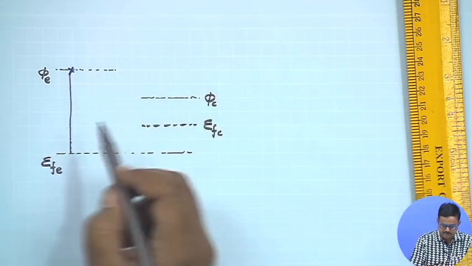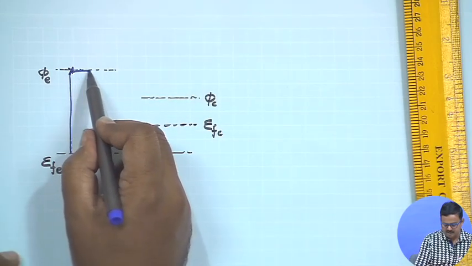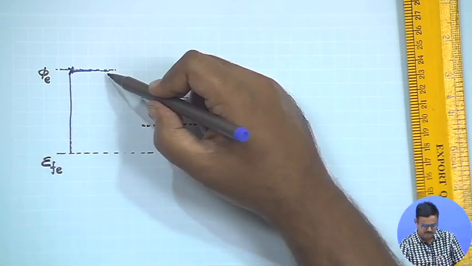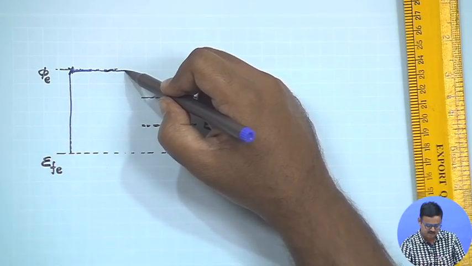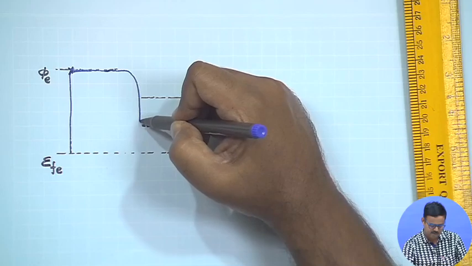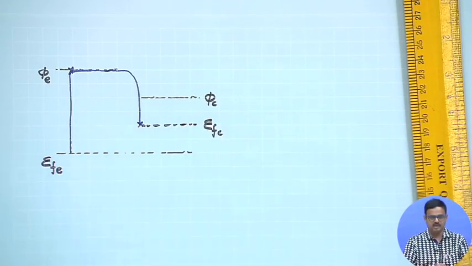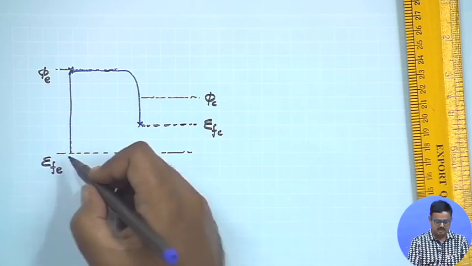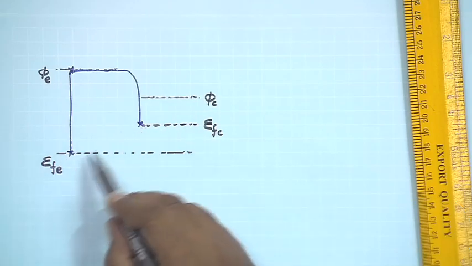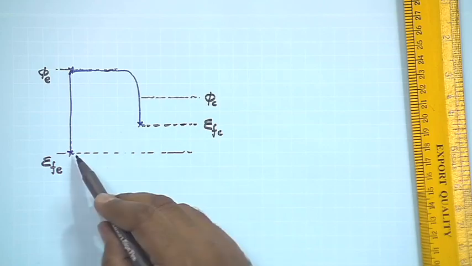It goes up and then it will come down in this manner, all right, to the Fermi level of the collector surface. But remember, this is higher than that of the emitter surface.